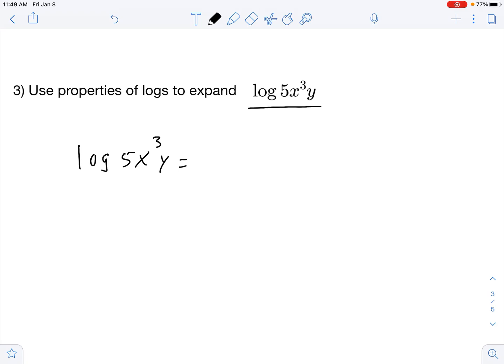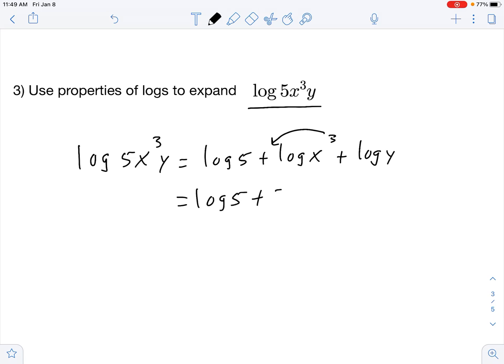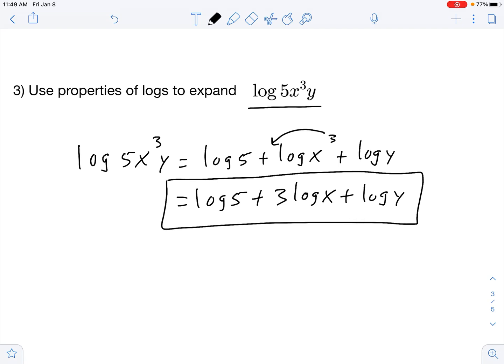So that is going to be equal to log base 10 of 5, or log of 5, plus log of x to the third, plus log of y. So now the only thing I have left to do is just drop this 3 down in the front, and that gives me log 5 plus 3 log of x plus log of y. And that's all we can really do to expand that out.